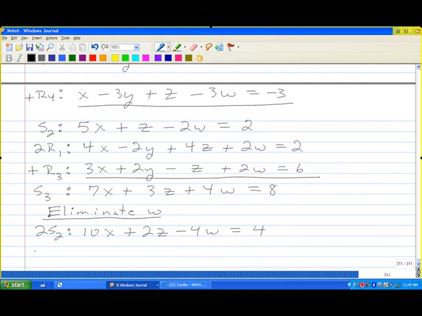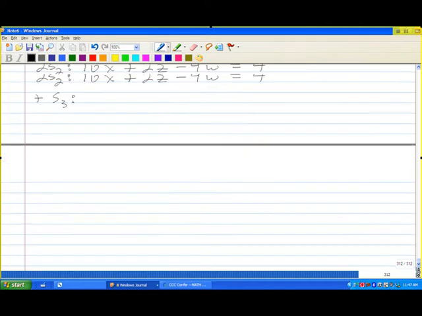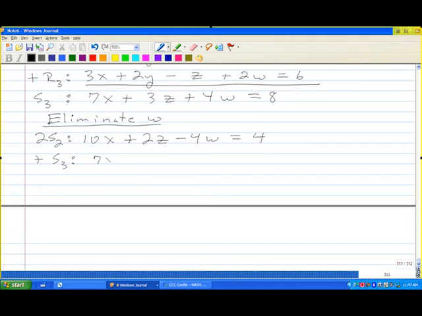And let's add that to S3, 7x plus 3z plus 4w equals 8. And so I get, let's call it T1, 17x plus 5z, the w's cancel, equals 12.